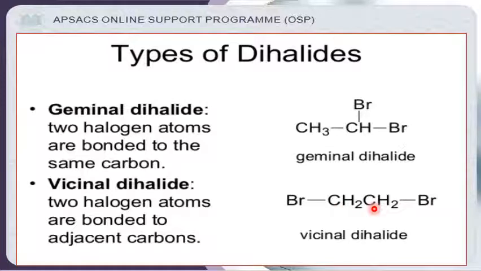What is vicinal dihalide? When 2 halogen atoms are bonded to adjacent carbon atoms, that is, 2 carbon atoms adjacent to each other, each attached to a halogen, this is called vicinal dihalide.